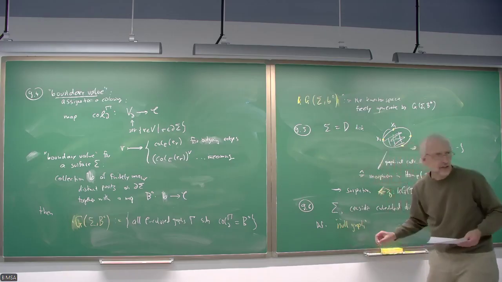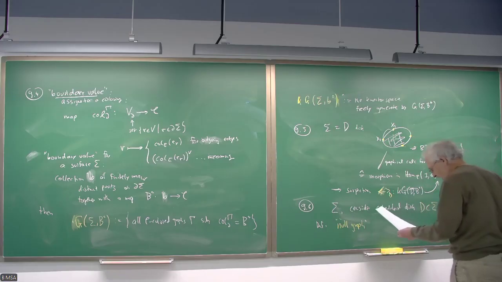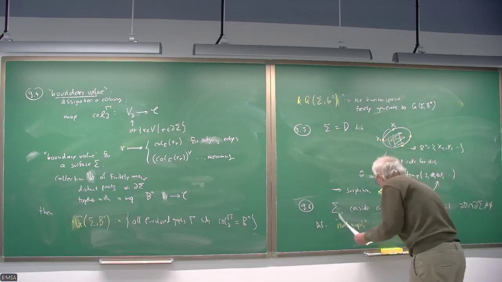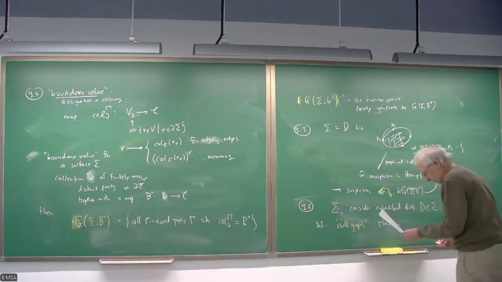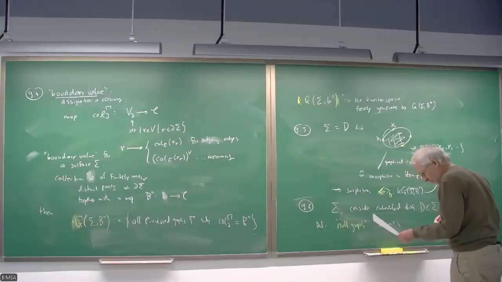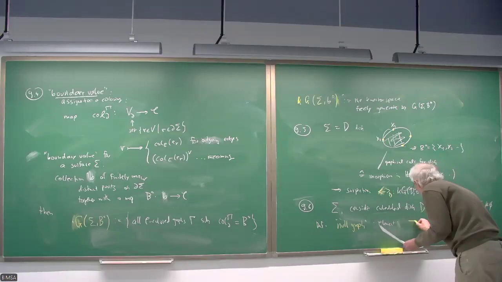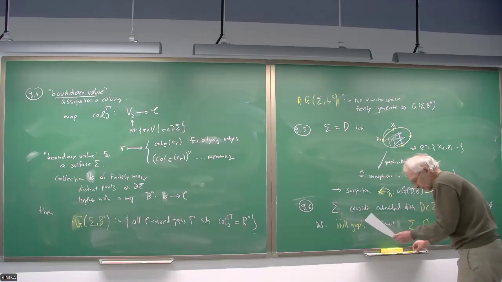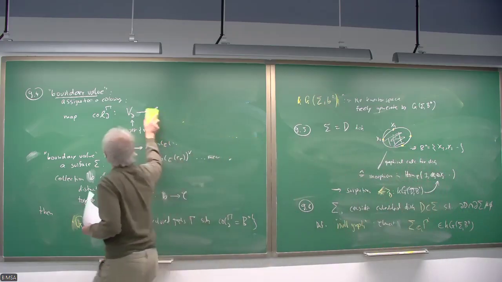Actually, we now use the term graph not only for graphs, but also for linear combinations of graphs, just in order not to always have to say linear combinations. And this is by definition an element in this big space, some sum of c_i gamma_i, with the following restrictions.